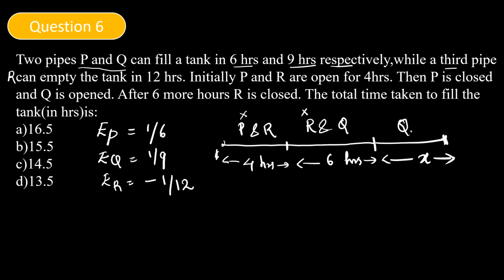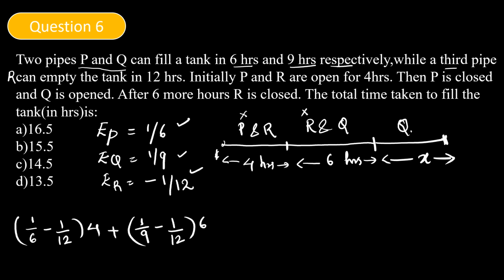Now we'll form an equation. In the first case, P and R are working for 4 hours, that is the efficiency of P and R, 1 by 6 minus 1 by 12, working for 4 hours. Plus, in the next 6 hours R and Q are working together, that is 1 by 9 minus 1 by 12, working for 6 hours. And third, Q is working alone, that is 1 by 9 working for x hours.